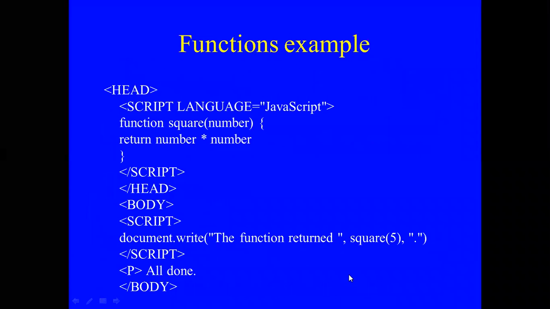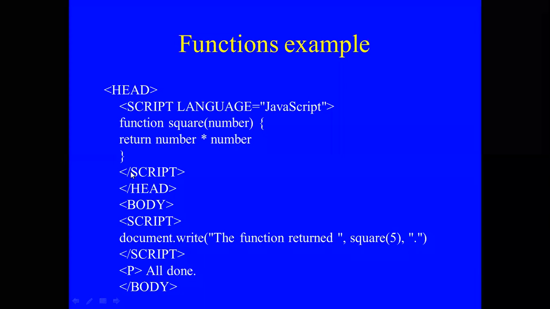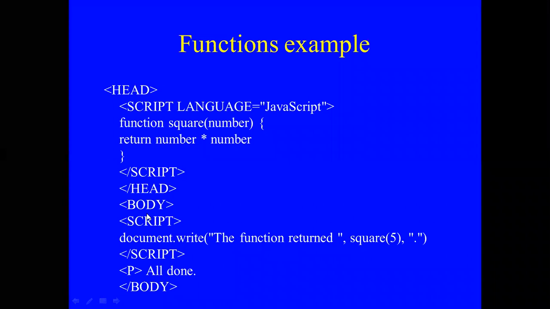Here you can see an example of a function. This is the HTML document. We write the script under the script tag, with language equals JavaScript. Then we declare a function using the function keyword. This is the function name, square, with the parameter number. In curly braces we write the statement return number times number, that means we write the function for square. After that we end that script, and in the next script we print the square of that value.